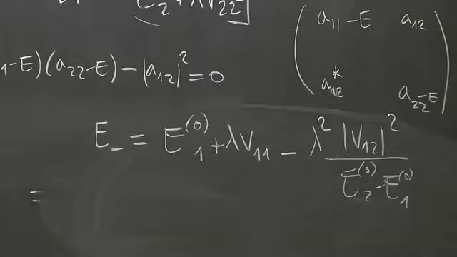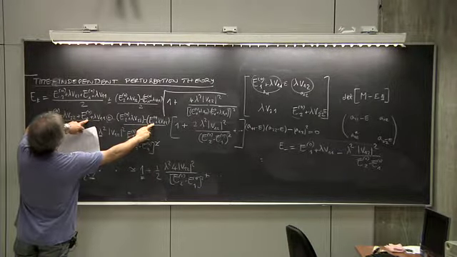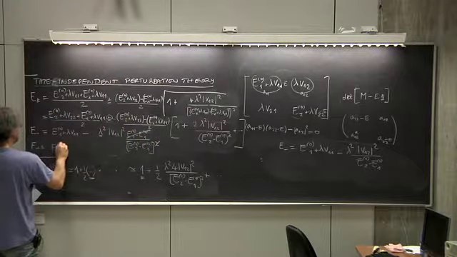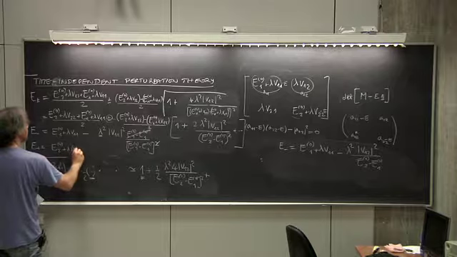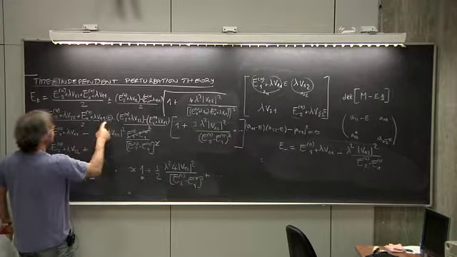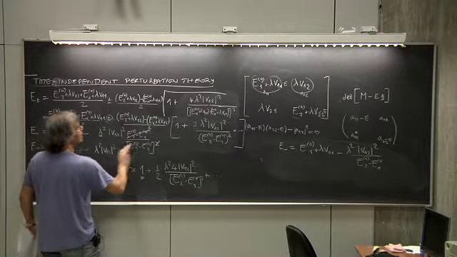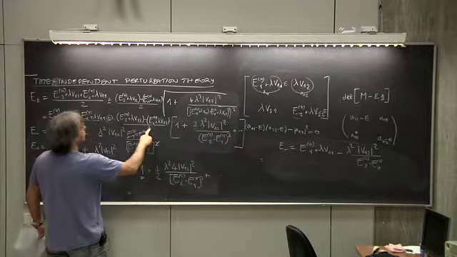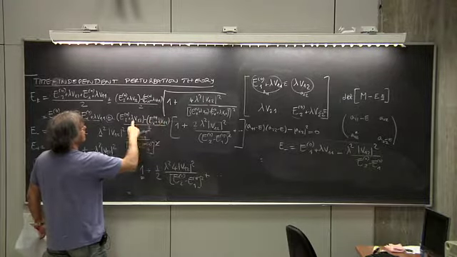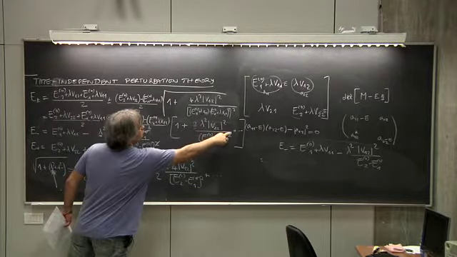Let us calculate the other, E plus. In this case, I have to take the plus sign. So I see that the 1 cancels now, but the 2 sum together and give me E02 plus lambda V22. And then I have to account for this, and I get a plus instead of a minus, the usual lambda square V12 square. The 2 and this 2 cancel. Same reasoning as before, I can neglect the lambda coming from here, and this factor cancels one of these two things.